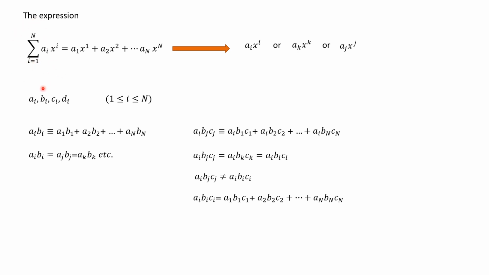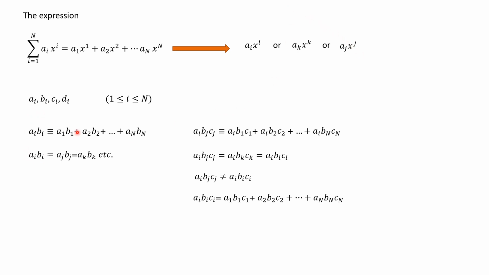Moreover, since this index is repeated and the summation is implied over it, it is called a dummy index. So this summation can be expressed in Einstein summation convention as a subscript I x superscript I. Since I is a dummy index over which the summation is implied, we can equivalently express it as a subscript k x superscript k, or with some other label as a subscript j x superscript j.